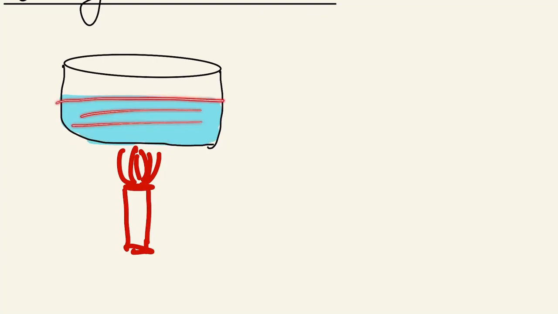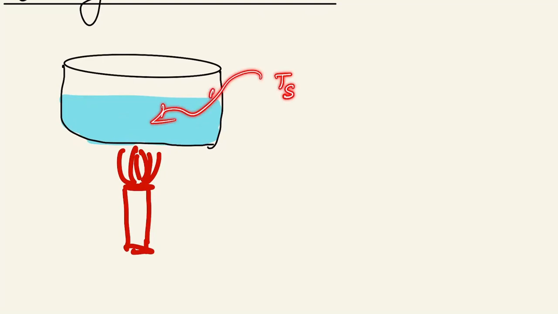It will reach to this point, and when this fluid reaches the temperature Ts, which is the saturation temperature, after that particular temperature, the water will start boiling. So basically vapor bubbles will start coming out from this surface, and you'll be seeing some nice water vapors coming out from here.